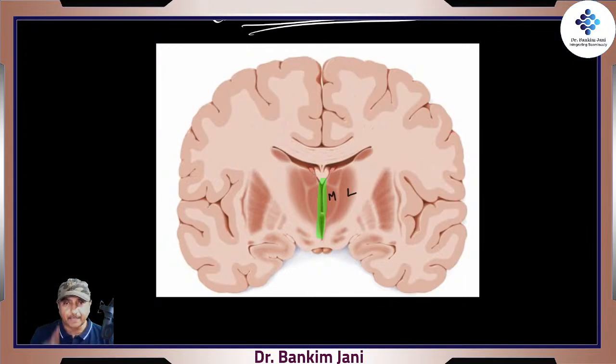The names are: one, peri means surrounding. So in between there would be the ventricle, the third ventricle. So this one is called the periventricular zone.